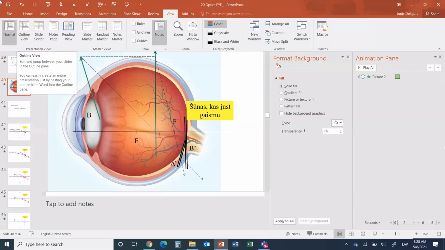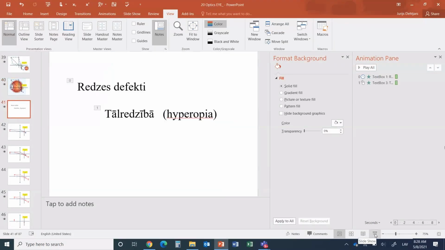So now, going ahead, the vision defects. With our age, the lens of our eye changes its properties and isn't as elastic as in the first years of our life. For instance, at some 40, 50 years of age, we have a lens that isn't elastic, and that is why the muscles are not able to deform the lens.